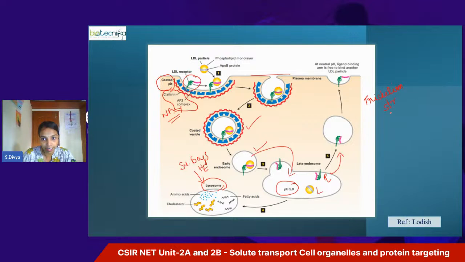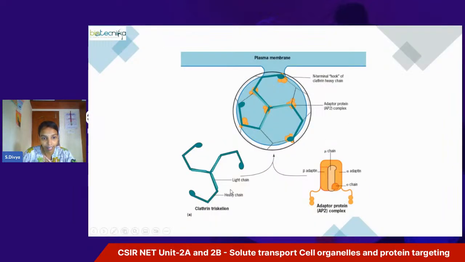Why do you call it a triskelion structure? Because it is made up of three heavy chains, three light chains like this. These are the heavy chains, and the light color which you see, that is the light chain. And these are the globular heads for attachment. Attachment to whom? Attachment to this adapter protein.